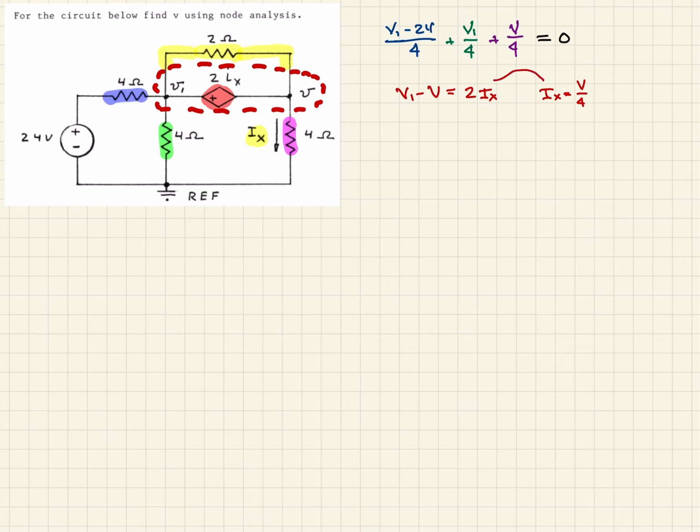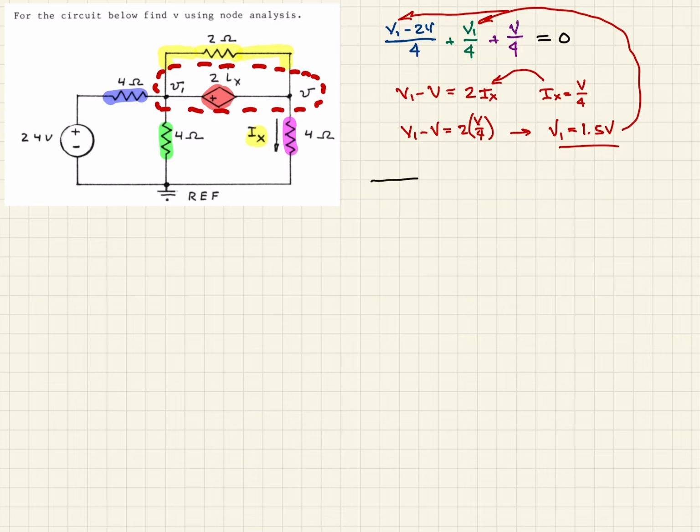So now we can take that and substitute that into here. When we do, it's V1 minus V is equal to 2 times V over 4. And then that means we can multiply that out and rewrite that. And when we do, we come up with V1 is equal to 1.5 V. All right, so now if we want to take this relationship, and everywhere we see V1, which is here and here, we want to replace that.